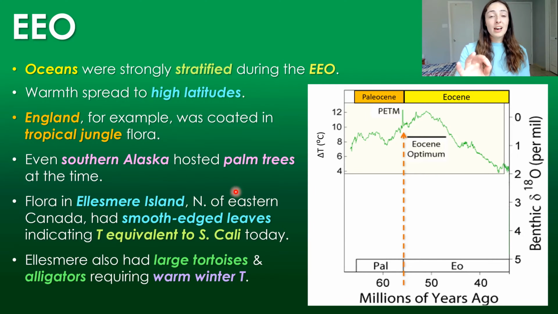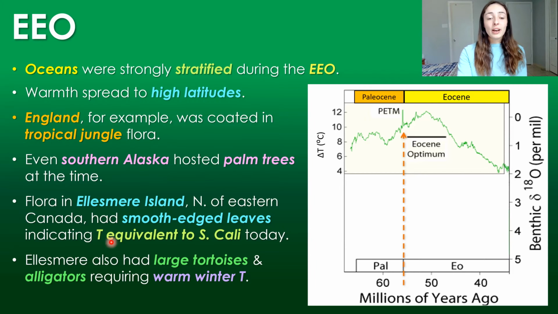Also, as examples of how warm high latitude areas were, England, which has a relatively cool climate today, was coated in tropical jungles during the early Eocene. Even southern Alaska hosted palm trees at the time, based on the flora fossil record. And flora on Ellesmere Island, north of eastern Canada, had leaves with smooth edges, indicating a temperature equivalent to southern California today.